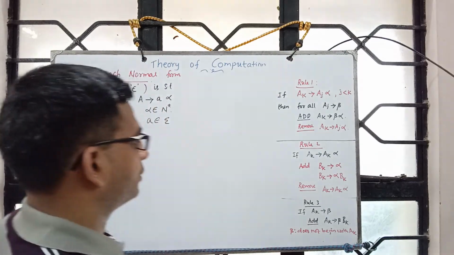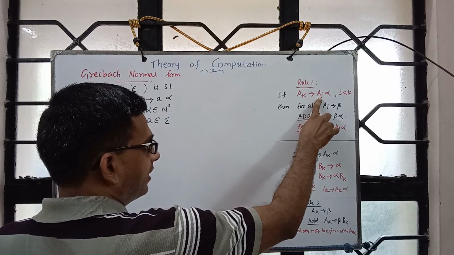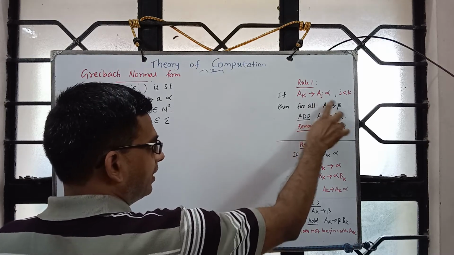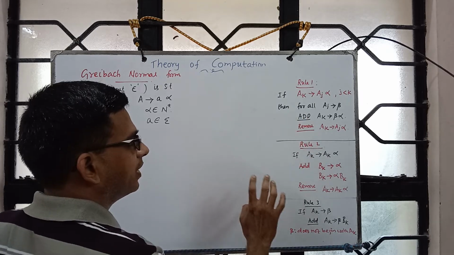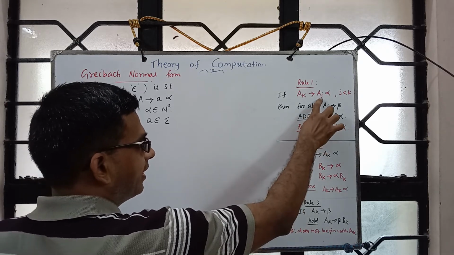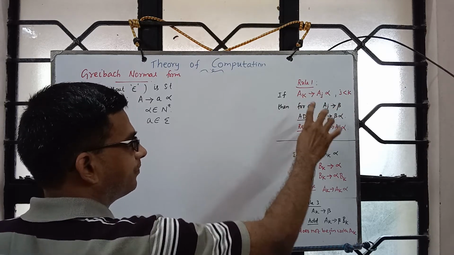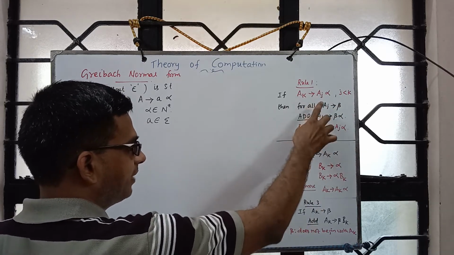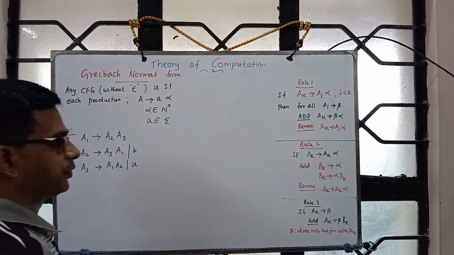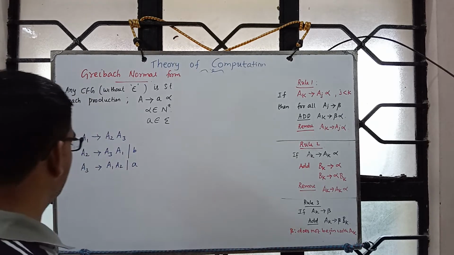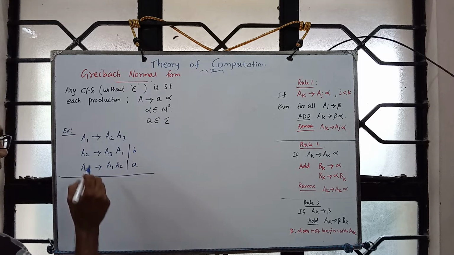So look at a production. If the start symbol on the right has a lower index, then use this replacement rule. You keep doing this until at some point you get a variable whose index is larger than this. Then you stop, or if it is the same, you stop. If it is the same, then you go for rule 2 and rule 3. That's all.